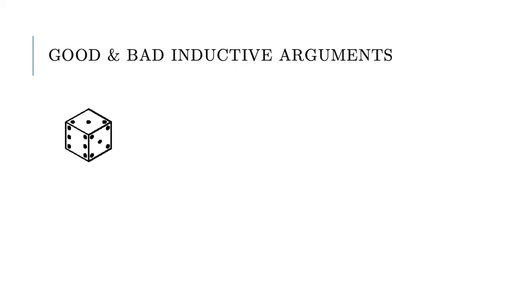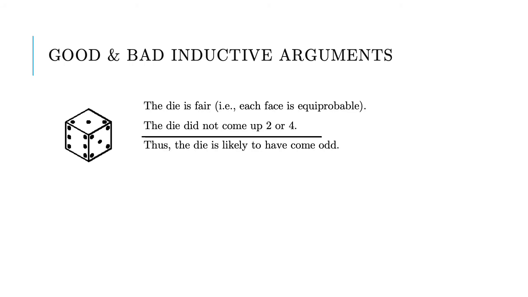Returning to our die-rolling vignette, we can assess some inductive arguments in this context. For the first, we have the premises: the die is fair, that is, each face is equiprobable or equally likely to come up, that is, the die is not unfair or loaded, and that the die did not come up either 2 or 4, with the conclusion that the die is likely to have come up odd.